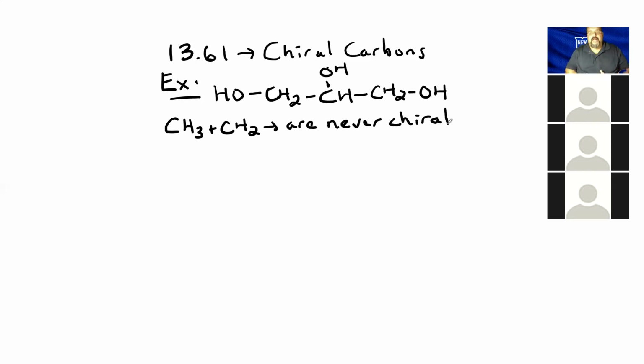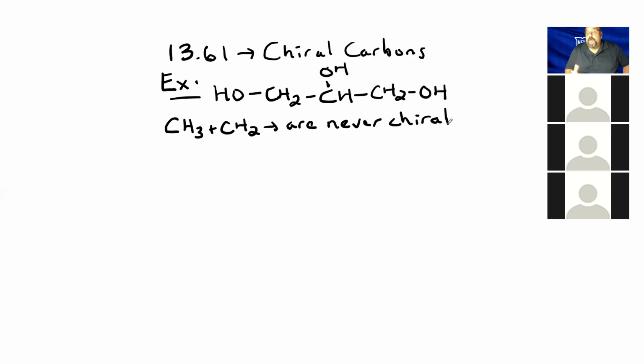Now, why is that the case? If you are a CH3 or a CH2, do you have 4 different atoms or groups of atoms attached to you? The answer is no. If you're a CH3, 3 of the things attached to you are hydrogens. If you're a CH2, 2 of the things attached to you are hydrogens.